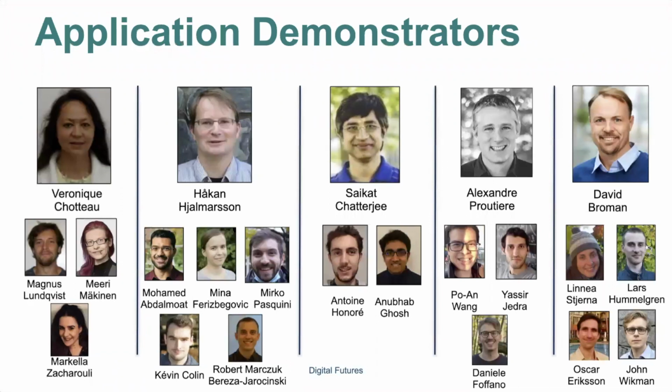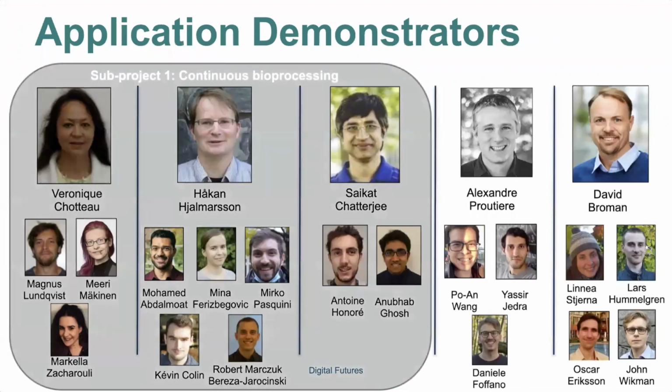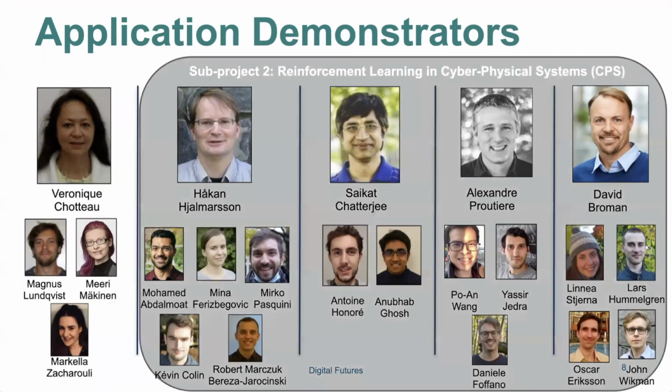To be able to do this, we divide our main project into three sub-projects where different PIs collaborate. The first sub-project is about continuous bioprocessing, where Véronique, Håkan, and Saikat are involved. The second is about reinforcement learning on cyber-physical systems, where Håkan, Saikat, Alexandre, and myself are involved.